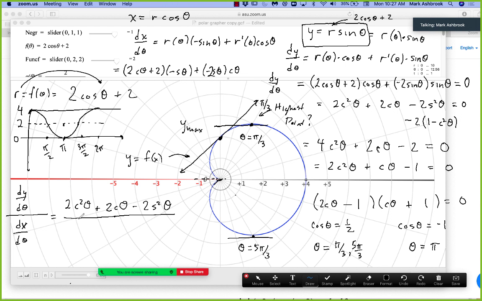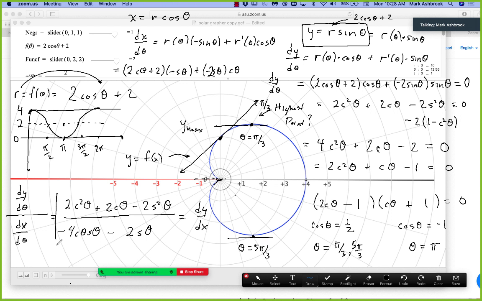So we're going to get, it looks like, negative 4 cosine theta sine theta minus 2 sine theta. And that would be our dx/d theta as a function of theta.